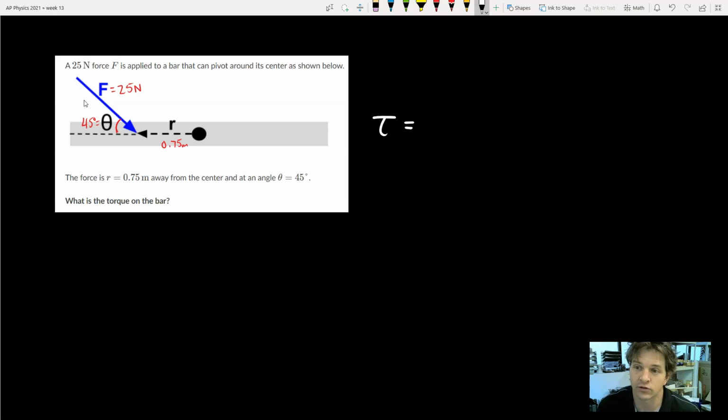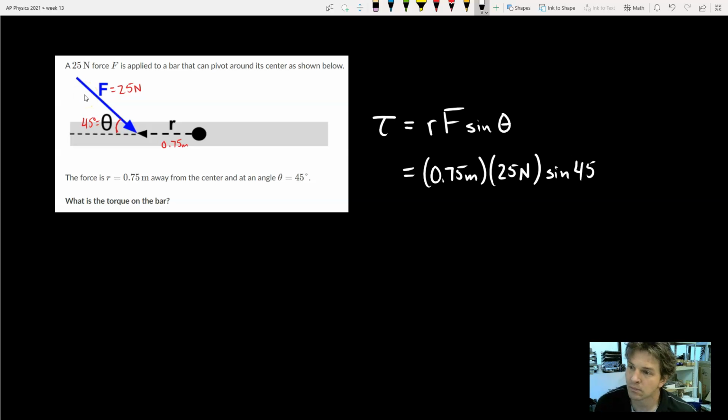If I want to calculate the torque, remember that's R F sine theta. And so now when I plug and chug, nothing quick about this one, you just need to plug it in your calculator. Make sure when we're doing angles like this that we're actually in degrees.